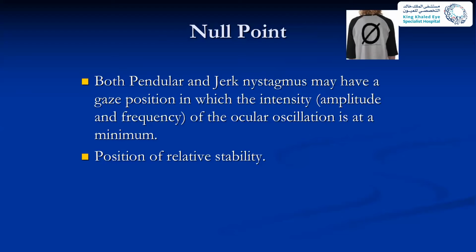So either at the null point there is no nystagmus, you cannot see movement, or it is the least movement when you look in all directions. We call it the position of relative stability.